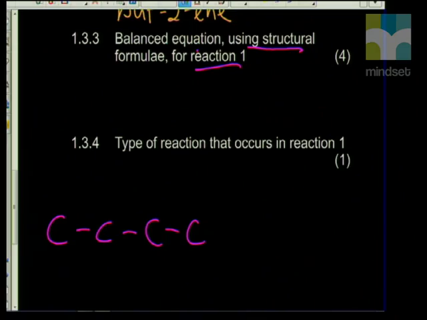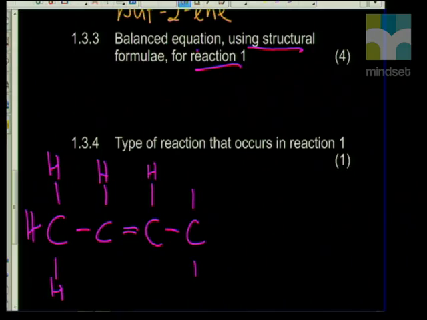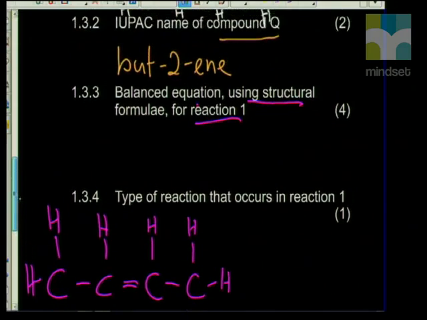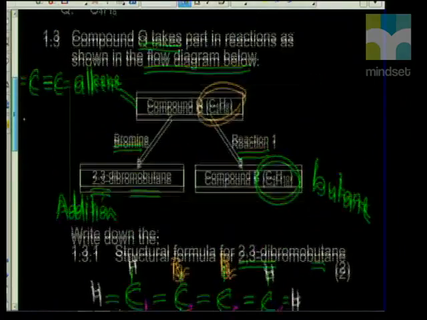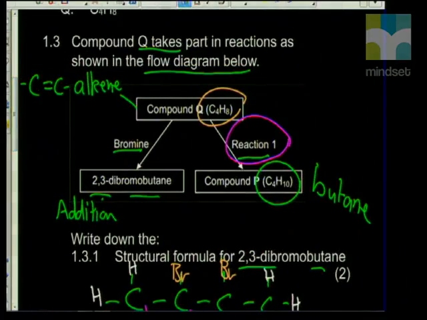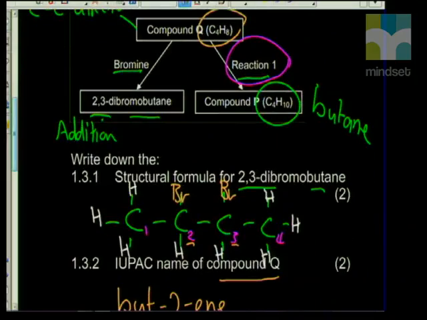There it is. Put the double bond in on carbon number 2. The hydrogens all fill in. Now notice I can only put 1 hydrogen in on each of those positions there. Now, the next thing, it's for reaction number 1. So we know the end result is butane.